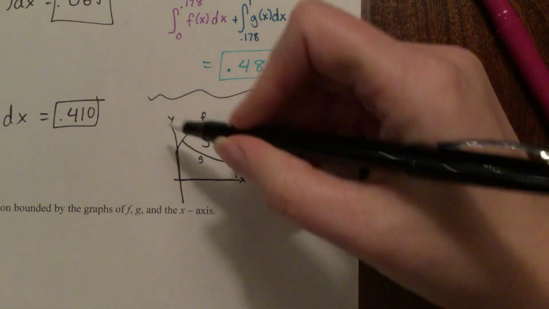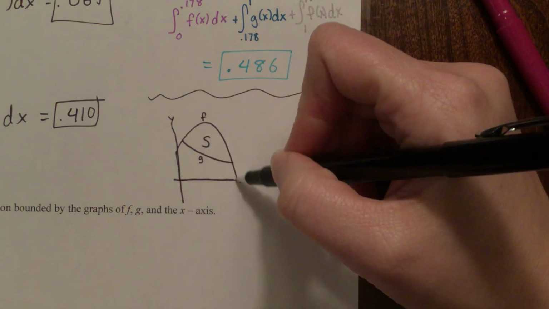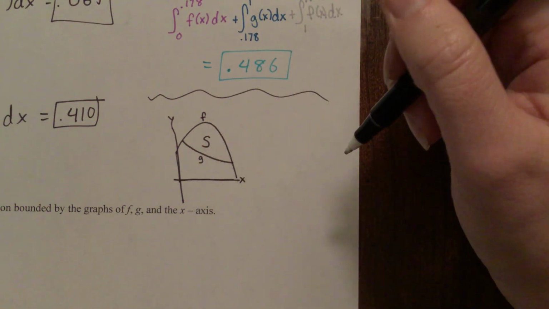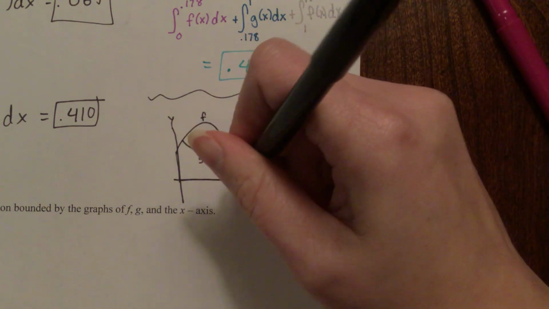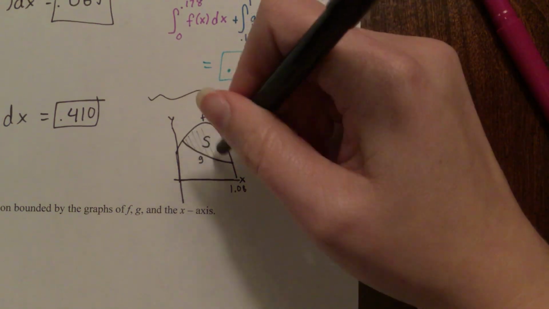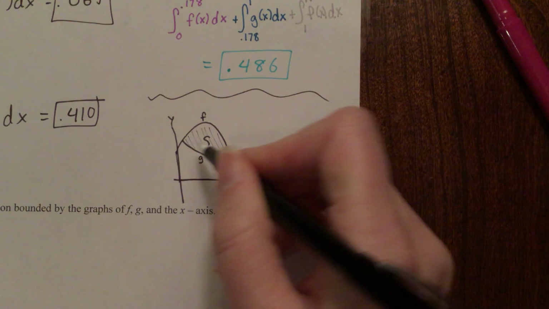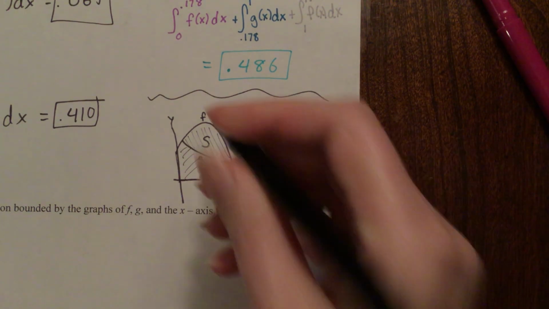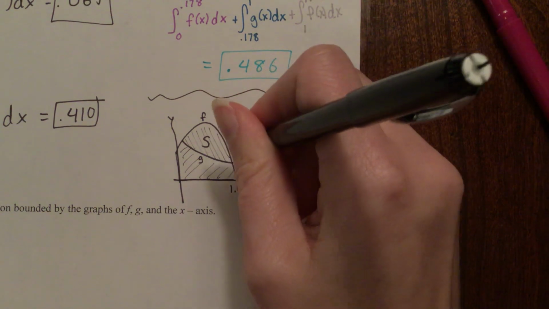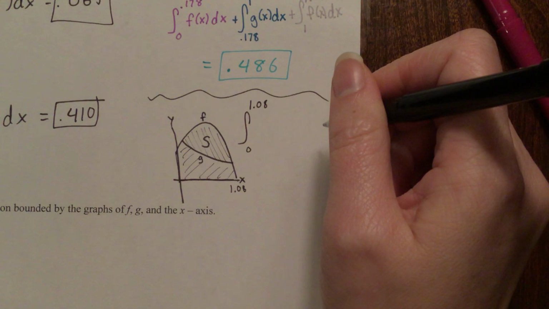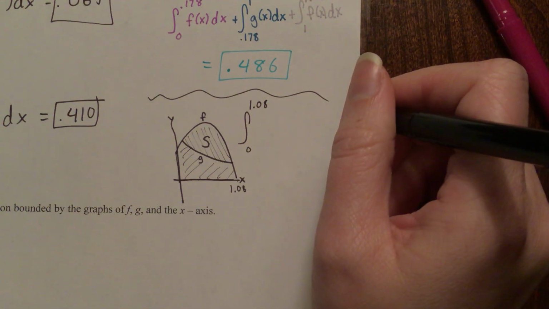If you take the function f and you find that area from 0 to 1.08, and then you subtract out the area of s, you're going to get this area, right? So the integral from 0 to 1.08 of f of x dx minus the area of s.